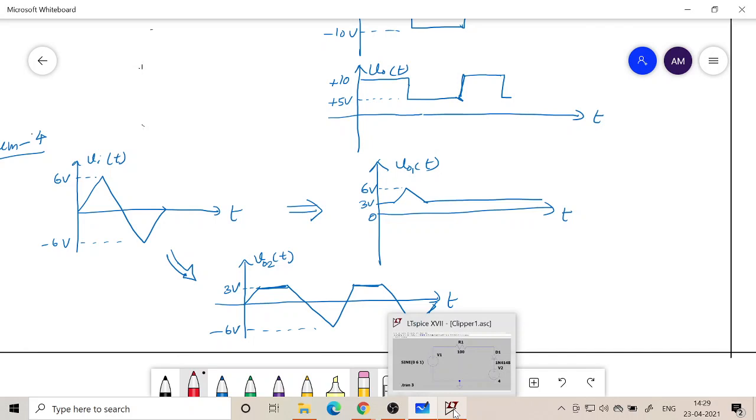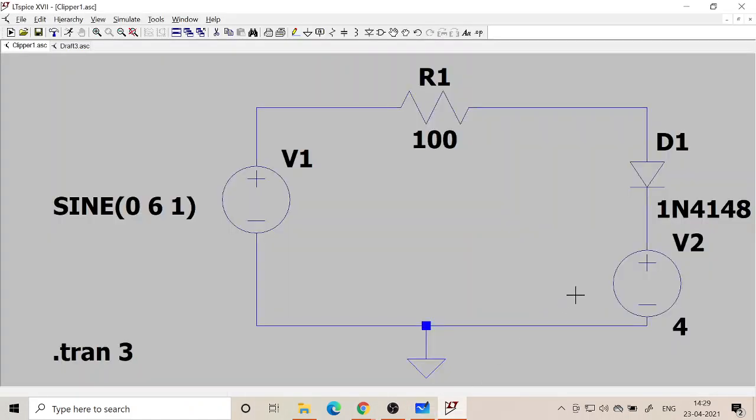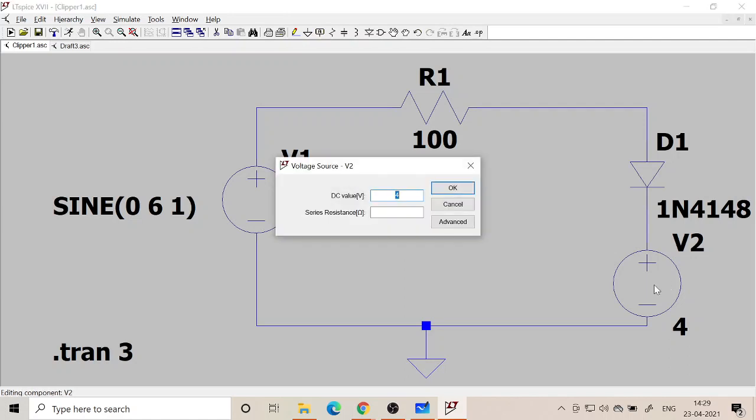Can somebody tell me what battery voltage I should give, so that after adding the cut-in voltage of the diode to the battery voltage I get 3 volt? Cut-in voltage is 0.65 if you take, so I should give this as 2.35.